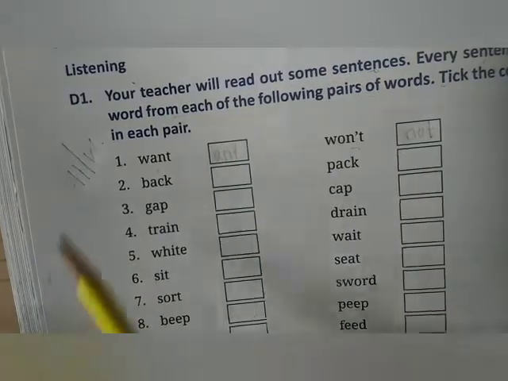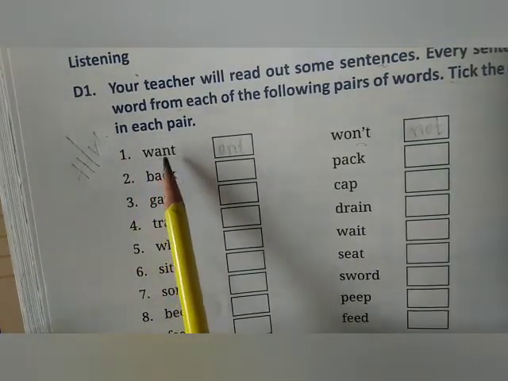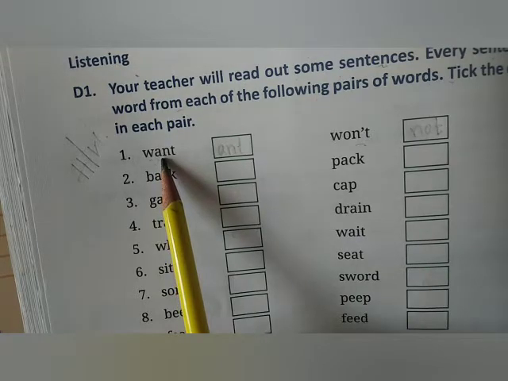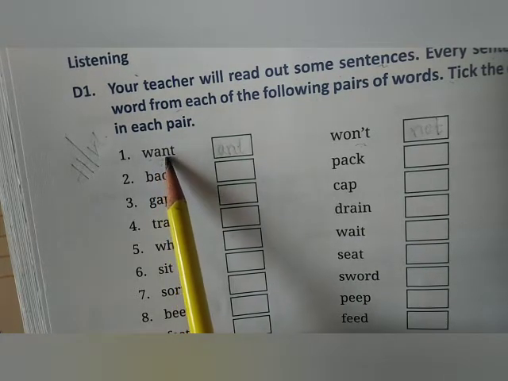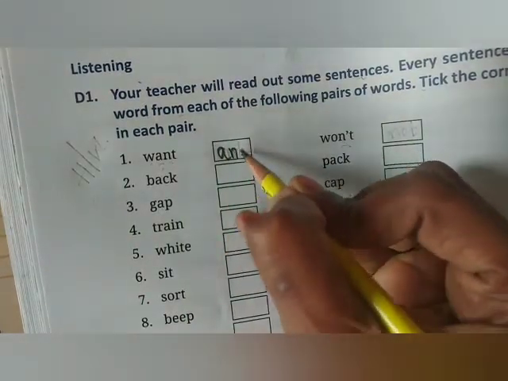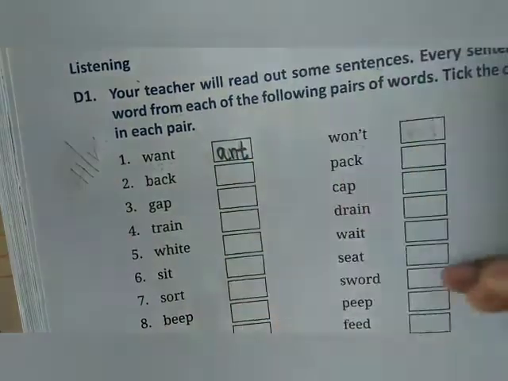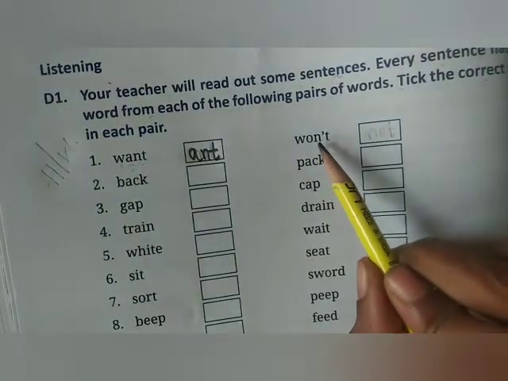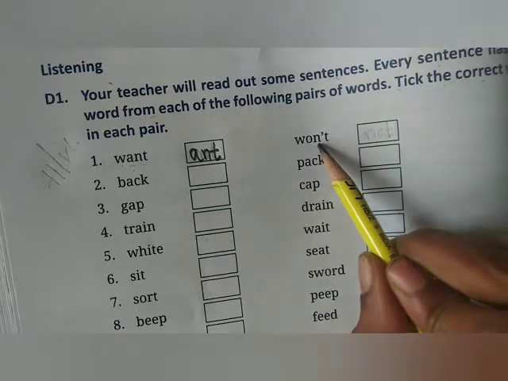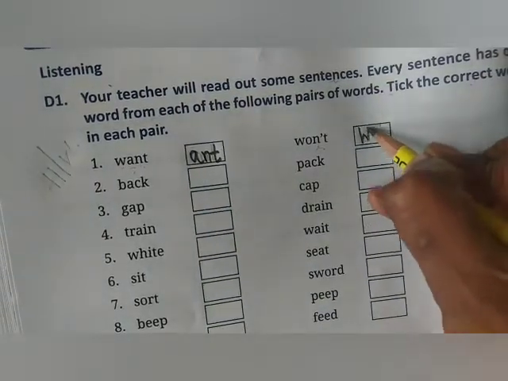Okay. Here, W-A-N-T, want. Is it? In that there is another word. What is that? A-N-T. And. Same like that. Here is own.